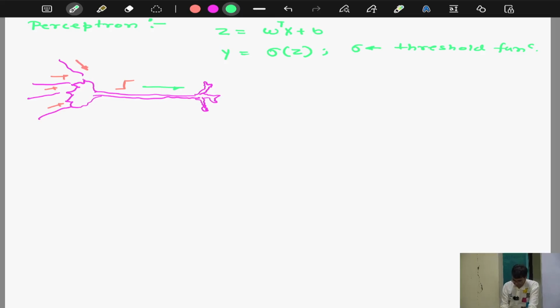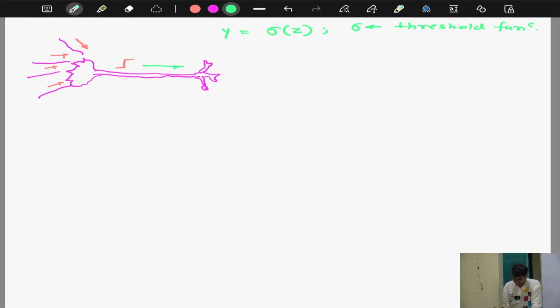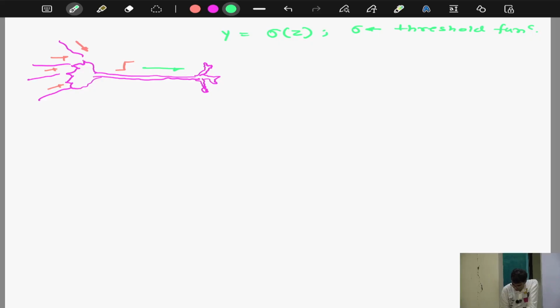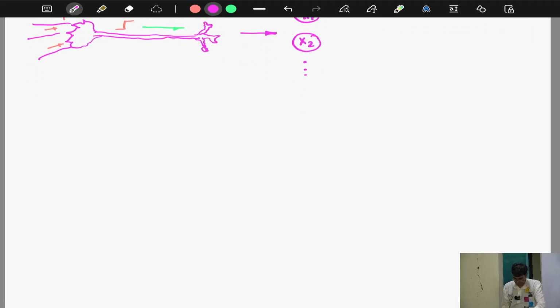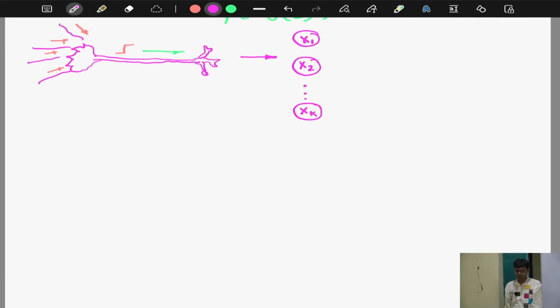So similarly, now the artificial neuron, which hopefully will be better. You have what? X1, X2, Xk. Okay. These are my features.